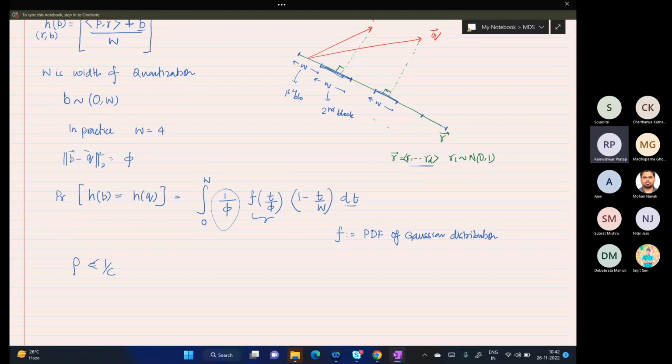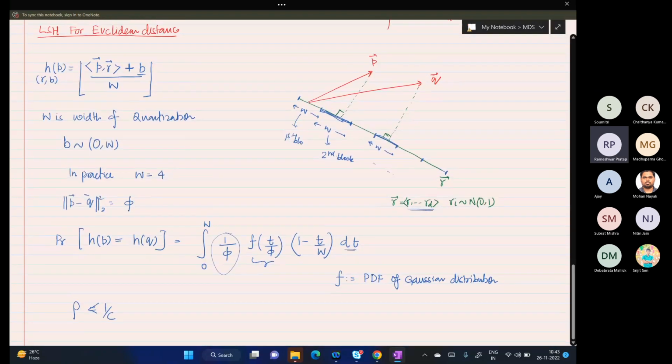Basically, just put R and CR instead, calculate P1 and P2, take the ratio of log P1 with log P2, and you can get rho, and finally you'll get C. That calculation is somewhat involved, not very involved. The main idea is to convey what the hash function for Euclidean distance is.